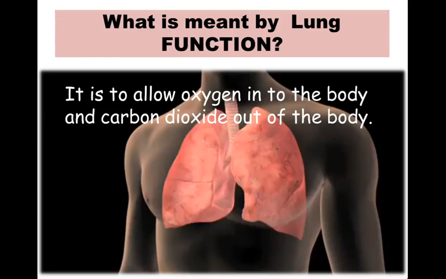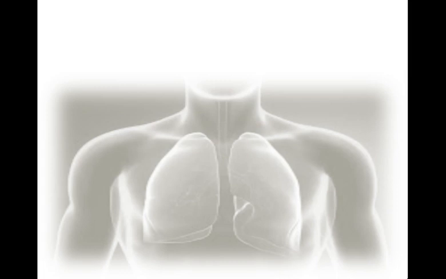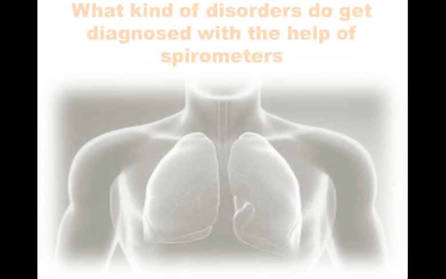Now that we have taken a very brief look into the functions of the lungs, let us find out what the test is able to diagnose. The spirometer is the instrument with which we conduct this kind of test, and there are two kinds of disorders that get diagnosed with the help of spirometers.